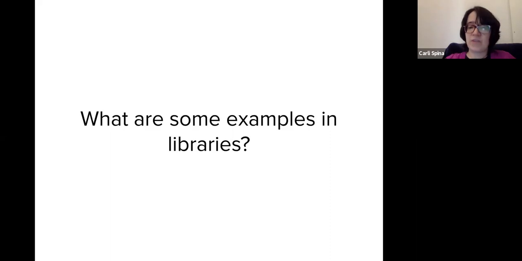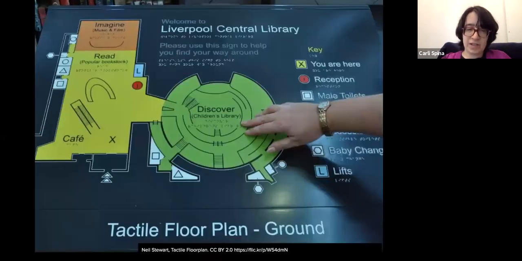So what about some specific examples in libraries? Well, one really good example is this, from a university library. And you'll see here that they actually have a map that is color coded. It has icons that try to make it clear what's in different locations. And it also has Braille.